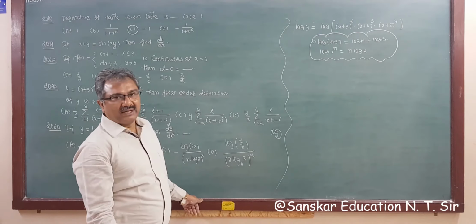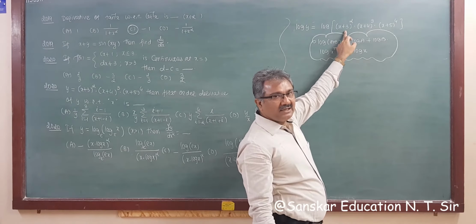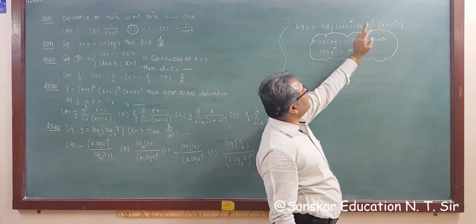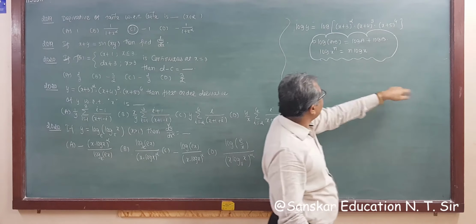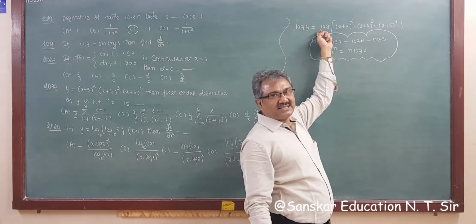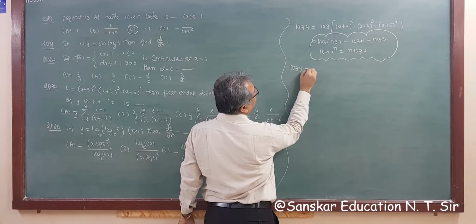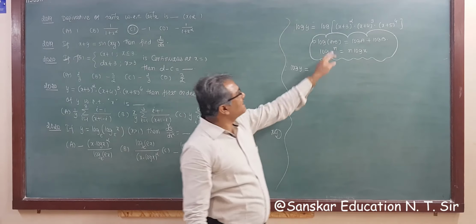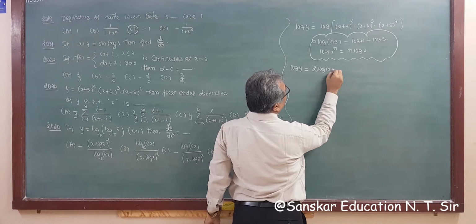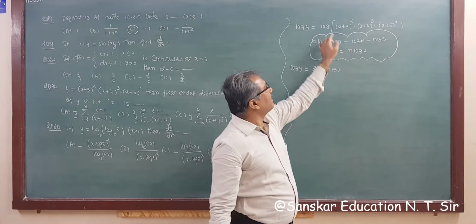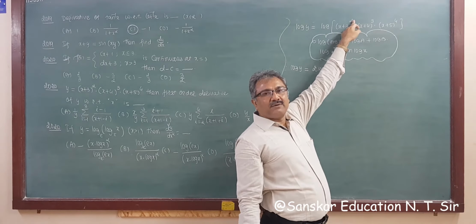So this is the formula that you have to apply. We are applying both formulas. First we are taking this log A, that is log (x plus 3) whole square plus log (x plus 4) whole cube plus log (x plus 5) raised to 4, and then applying the power formula, meaning the power comes to the front. So applying both formulas together, we get log y is equal to 2 times log (x plus 3), applying log to this and keeping the power to the front side.